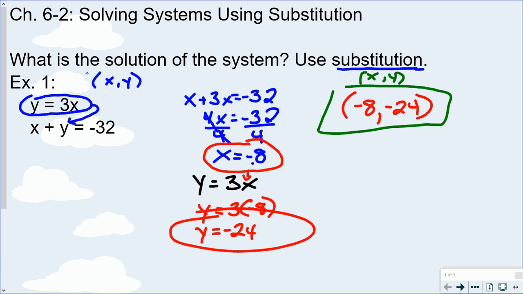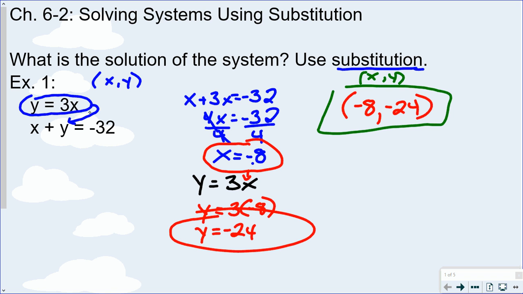So if I plug in negative 8 to the first equation, 3 times negative 8, that's equal to negative 24. Check. That's good. This equation, x plus y equals negative 32. So is negative 8 plus negative 24 equal to negative 32? Check. Yes, it is. So this is a solution to both of these equations.